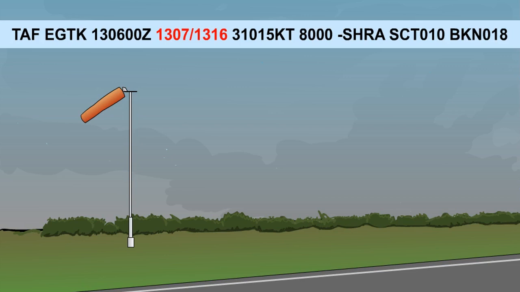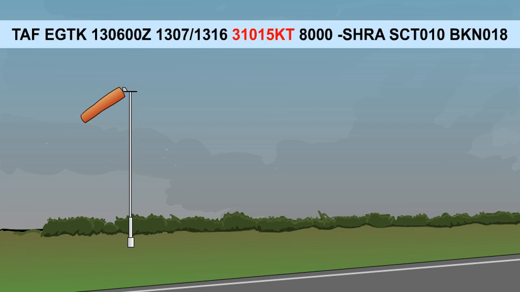The first 4 digits are the start time of the validity period, and the second 4 digits are the end time of the validity period. So here we have a validity period starting from the 13th at 0700 Zulu and ending on the 13th at 1600 Zulu. So here is a 9-hour TAF.